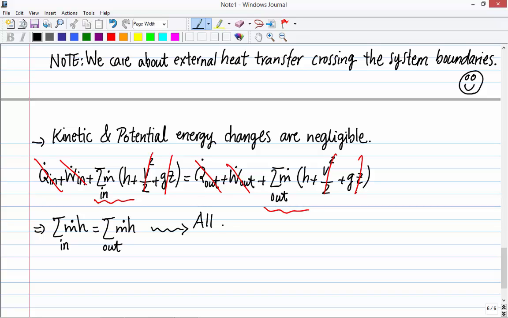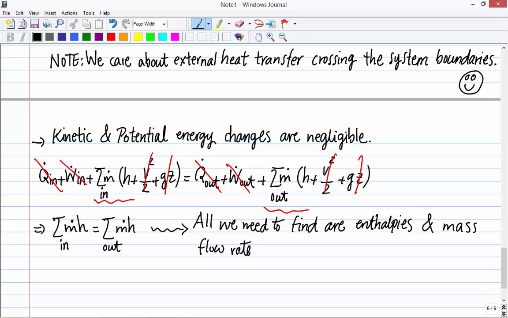All we need to do is find our enthalpies and mass flow rates. This is all we need to do. I'm so happy because I've canceled a lot of stuff up there.